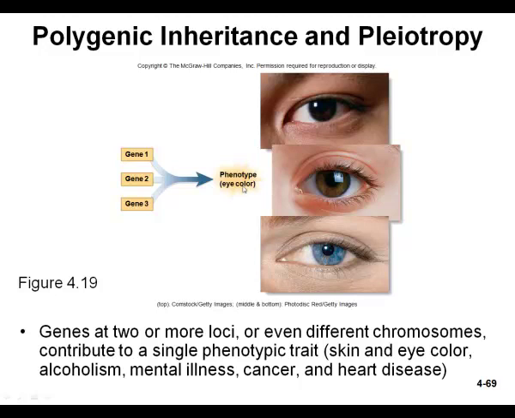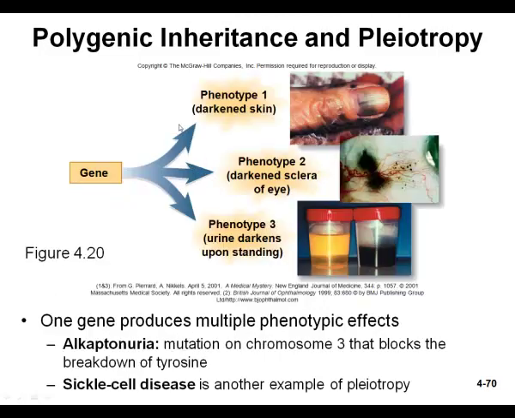So here is an example of what we call pleiotropy. When a trait is carried by more than one allele, you can decide, for example, the color of the eye or the color of our skin by more than one allele, and then you can have multiple inheritance traits that can pass, like we have dark individuals, lighter individuals.